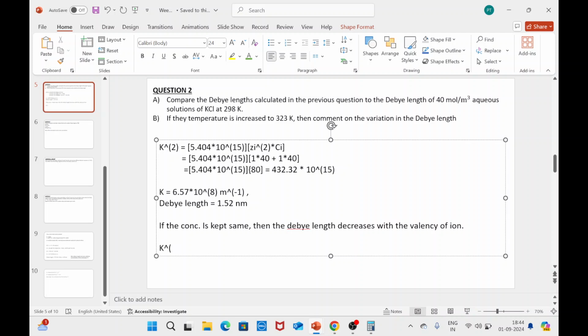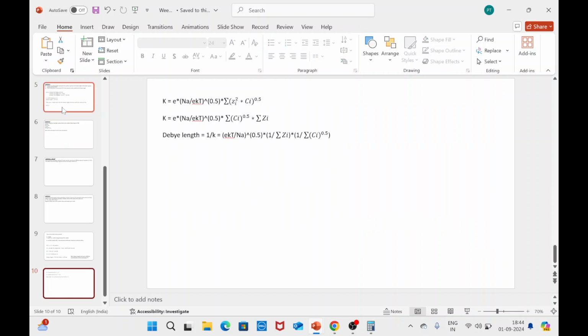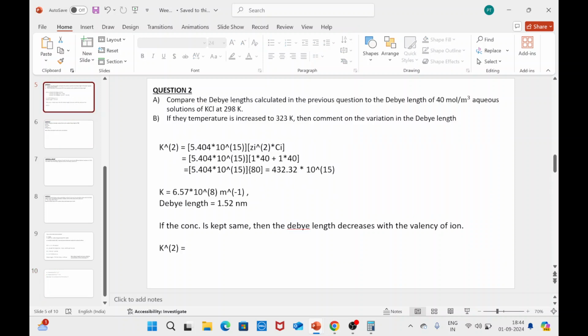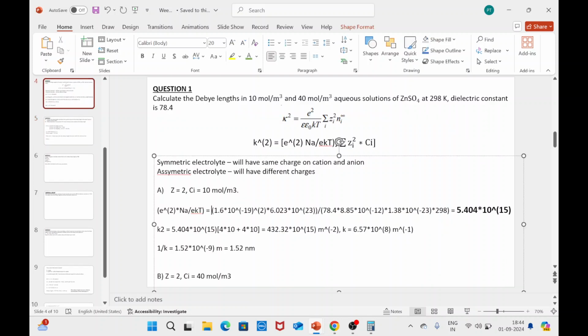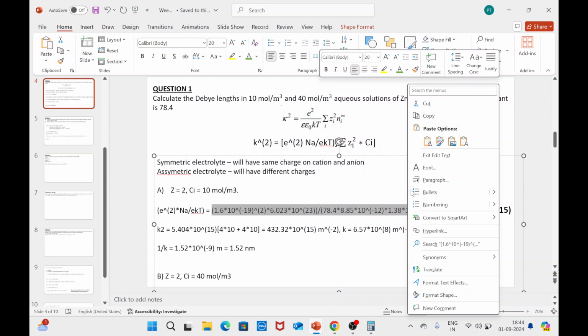So that is kappa square. You have now e square N_A. Let me use this expression. I'll just change the temperature alone here.